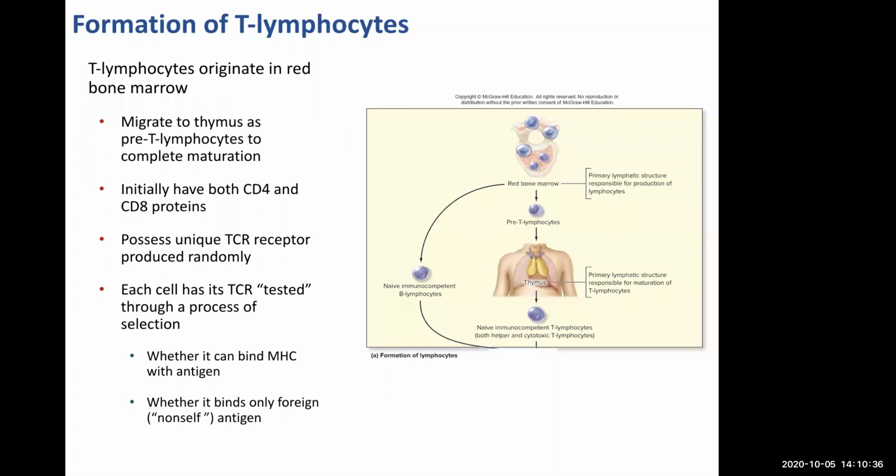And so what happens within the thymus is a process by which those precursor T cells are tested to make sure that their T cell receptor is able to recognize the antigen that receptor is designed to recognize, and at the same time to ensure that that T cell receptor does not recognize self-antigen as being foreign, right?